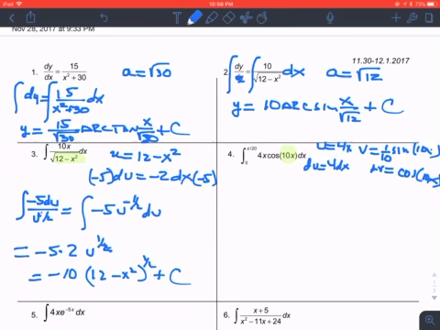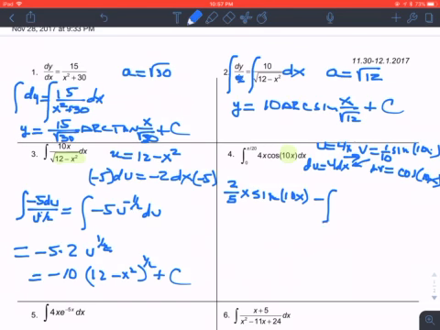So you remember it's uv, so it's u times v minus the integral of v du. So if I do that, I'm going to get 4 over 10, or 2/5, x sine of 10x minus the integral of v du.